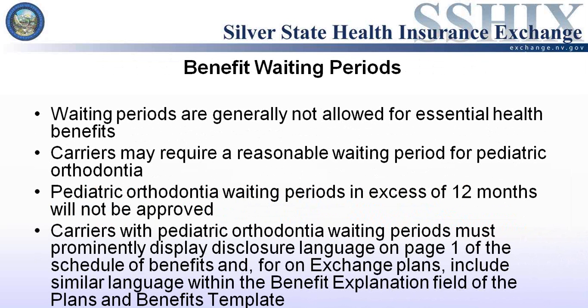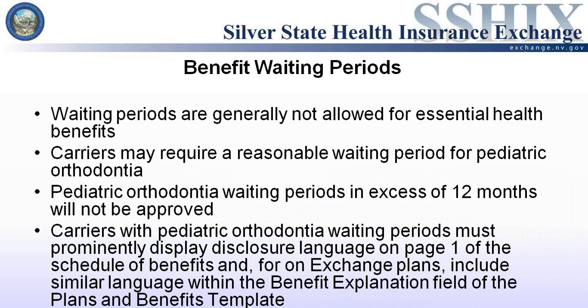Most of the market, except for a couple of carriers, either didn't have a waiting period or were at 12 months. So those carriers that are at 24 months in 2015 need to change their plan designs, and we're not going to approve and certify any plans that are proposing a waiting period for orthodontia in excess of 12 months.